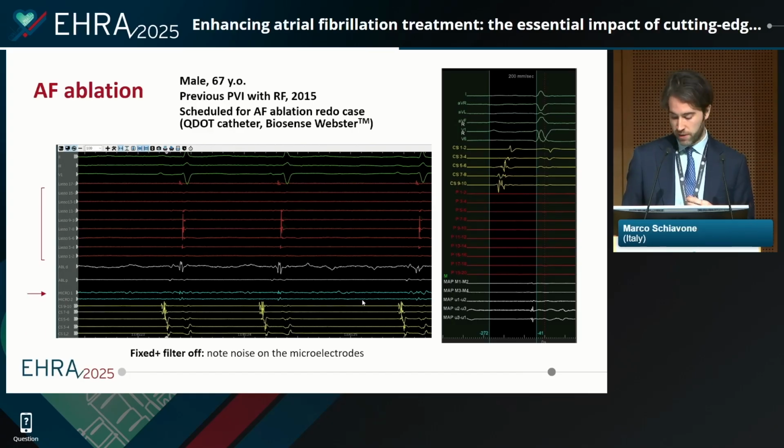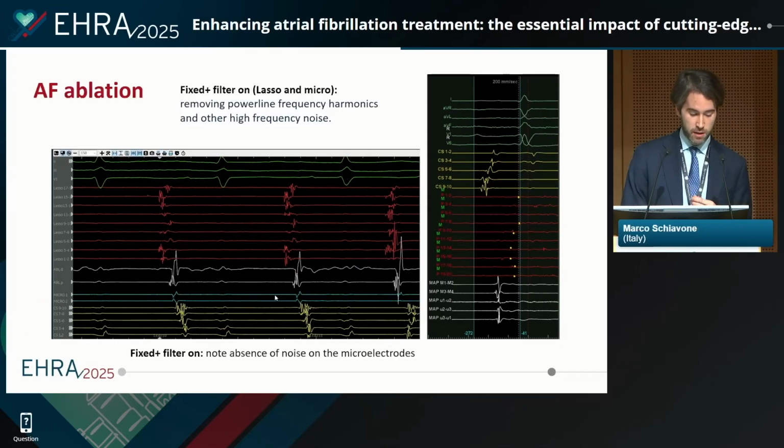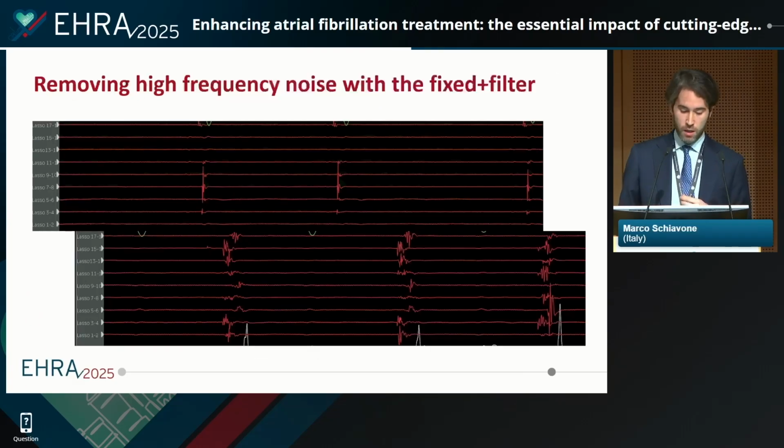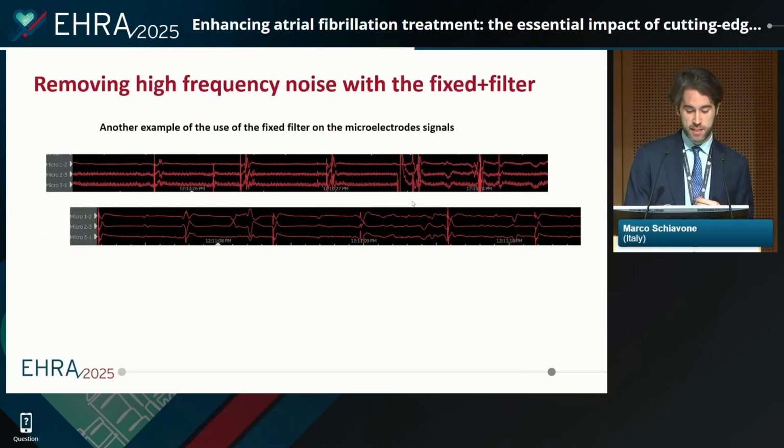Whenever you activate the fixed plus filter, of course, here the lasso was repositioned better in the vein, but you may see how on the microelectrodes on the Q-dot catheter, the underlying noise basically disappears with the use of the filter. This is an example of the changes in the signals, and this is another example of how you can reduce the underlying noises when you use the adaptive filter.